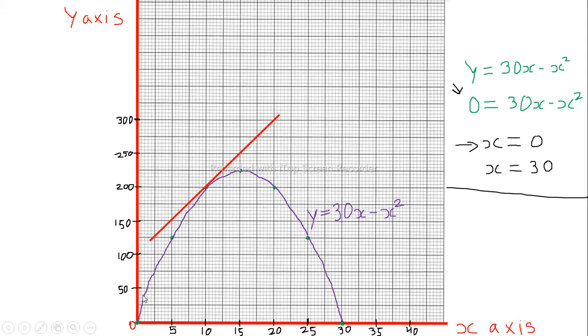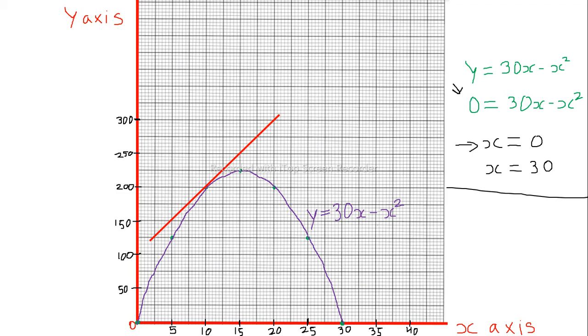From point to point, the slope is going to change. Here it is steep, and then it gets flatter and flatter until it is flat straight across, and then it goes down. So the slope of a parabola is not constant, so we're going to have what we call point-wise slope.